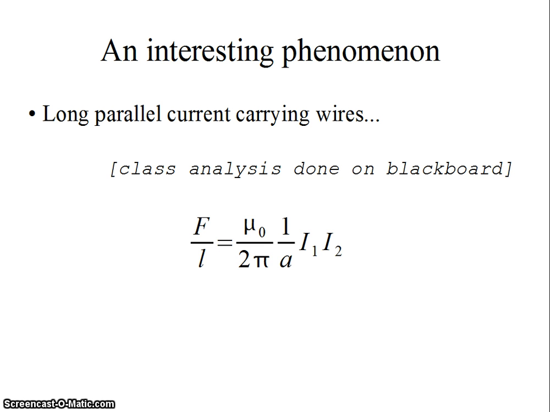The result we got gave us force per unit length proportional to each of the currents, the current in the first wire and the current in the second wire, and inversely proportional to the distance between them, which we had labeled A. It had constants of nature, mu-0, permeability of free space, over 2 pi. And again, that was force per unit length because these are infinitely long wires.